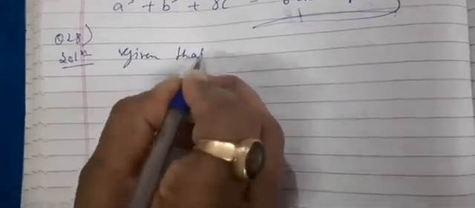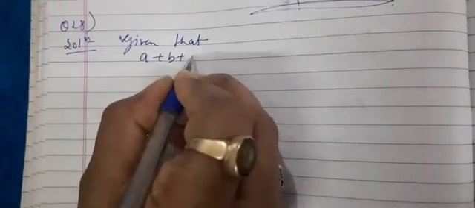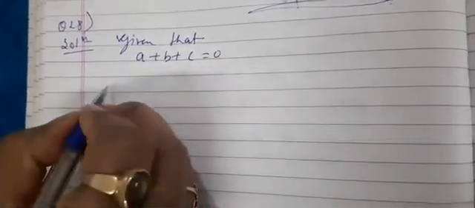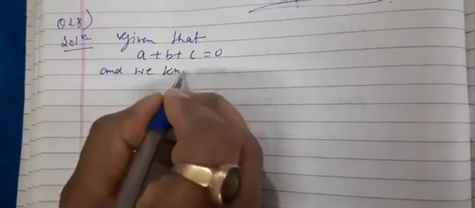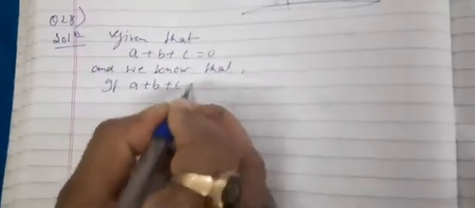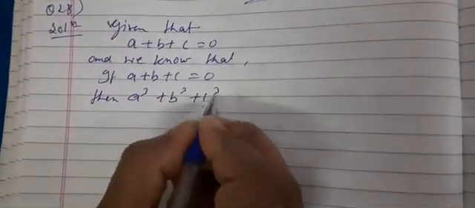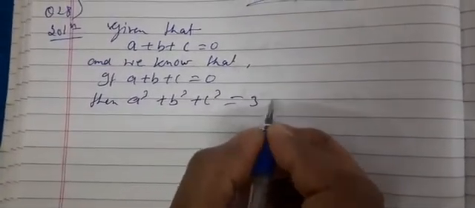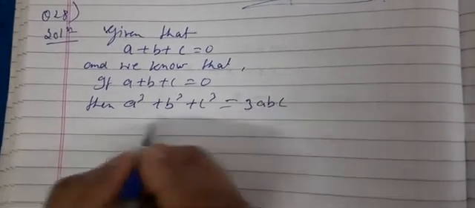Given that a plus b plus c is equal to 0, and we know that if a plus b plus c is equal to 0, then a cube plus b cube plus c cube is equal to 3abc.